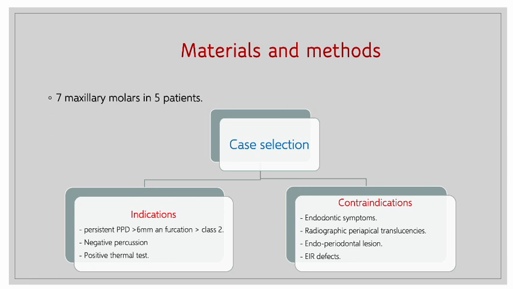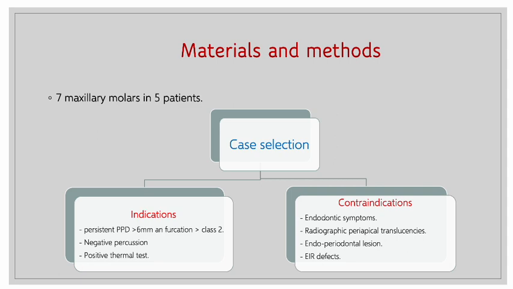A total of 7 maxillary molars in 5 patients underwent one-stage vital root resection with retrograde partial pulpotomy. Strict case selection was performed. The indication was persistent probing pocket depth greater than 6 millimeters and furcation greater than class 2 at re-evaluation 3 to 6 months after non-surgical periodontal therapy of stage 3 or 4 periodontitis.